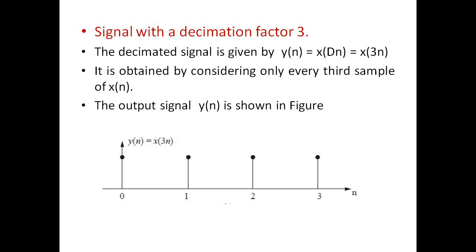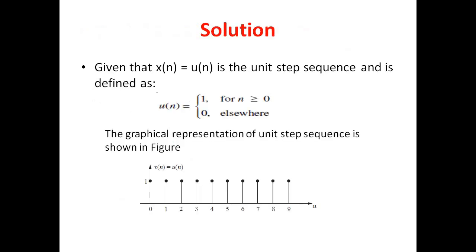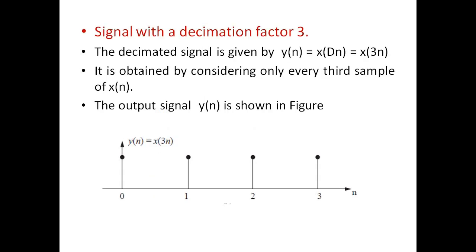We know the expression for the decimation: y of n is equal to x of dn. Here d represents the decimation or downsampling rate, so the rate here is 3. By seeing the given input signal x of n, we can infer that every third sample is to be considered. The remaining samples will be totally removed from the given x of n, and that is what happened here.